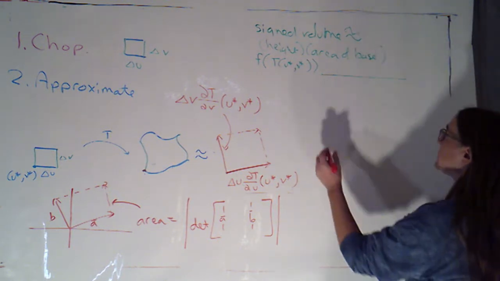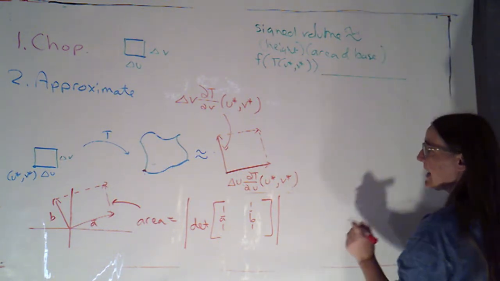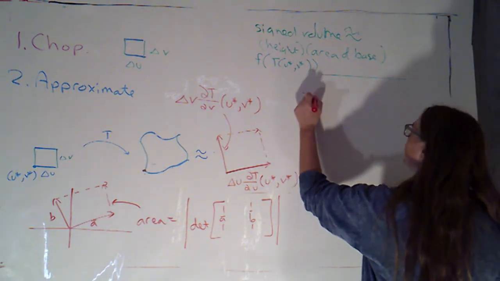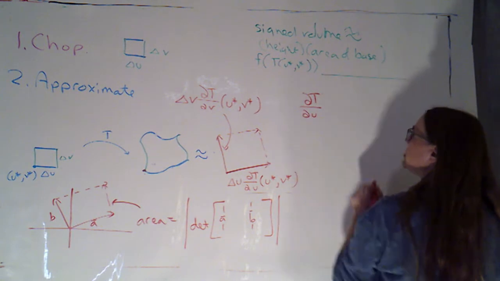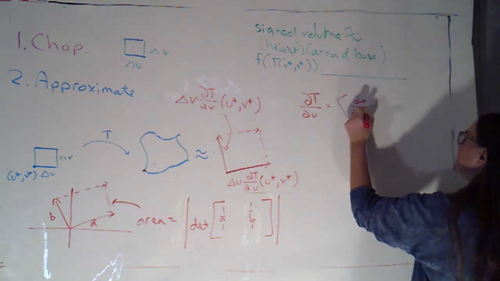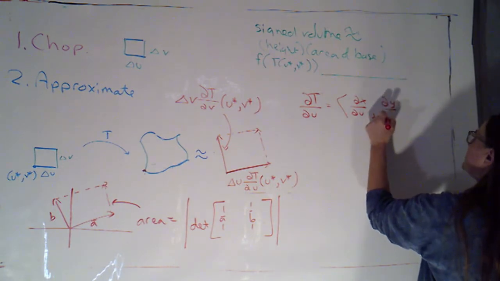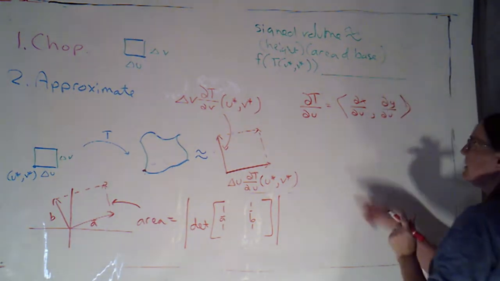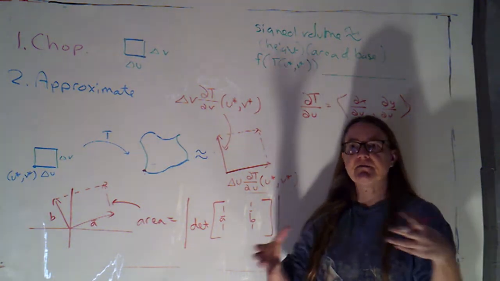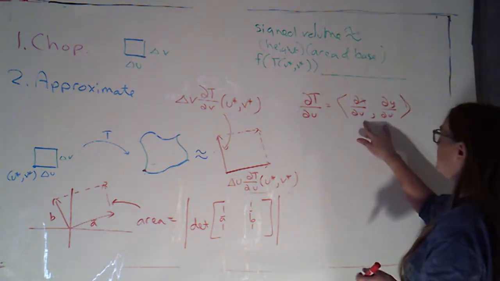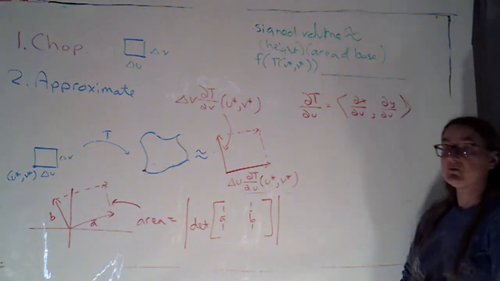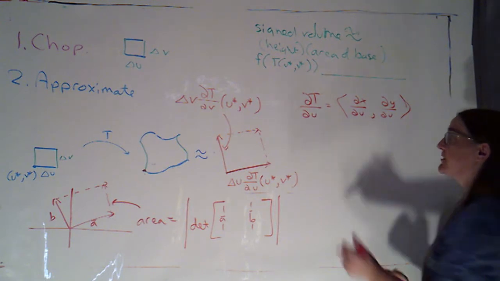Okay. So the matrix that I'm going to create, I need to figure out what these partial derivatives look like. Well, the partial of T with respect to u is just going to be the partial of x with respect to u, partial of y with respect to u. Remember, T had 2 output variables, x and y, both of which were functions of u and v. Okay. So I'm used to, when I have 2 output variables, my derivatives are going to be a vector with 2 components. It's just now that's a partial derivative.